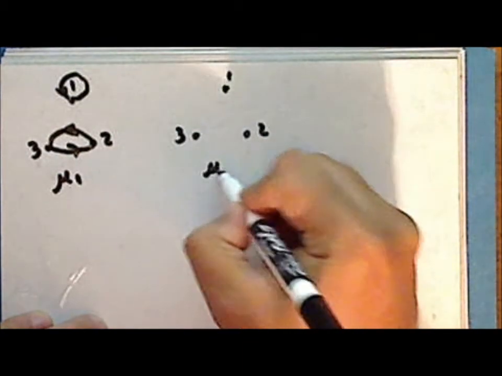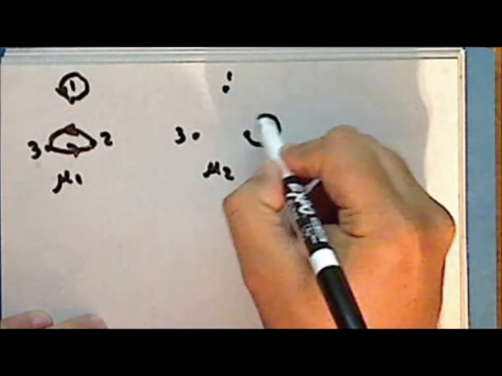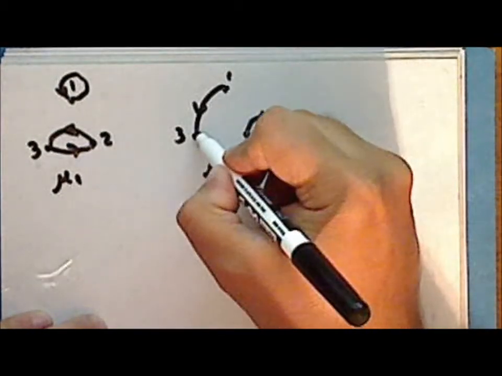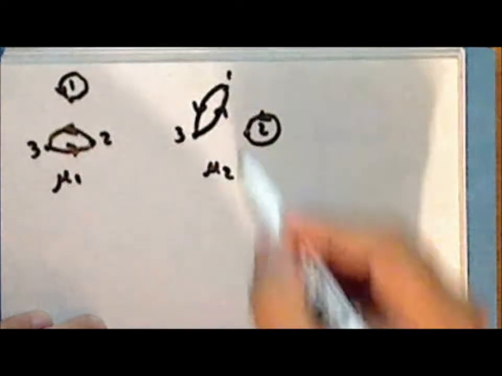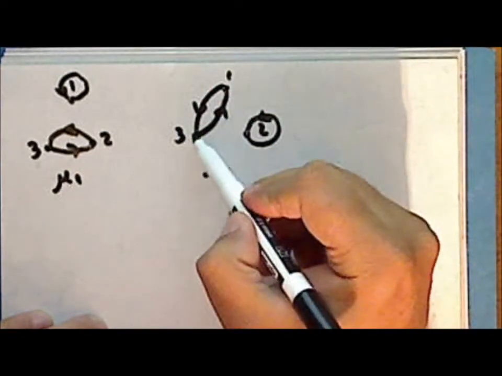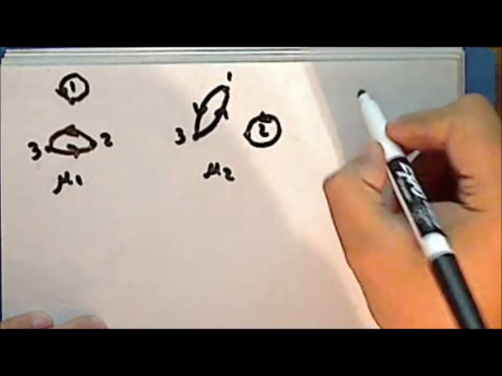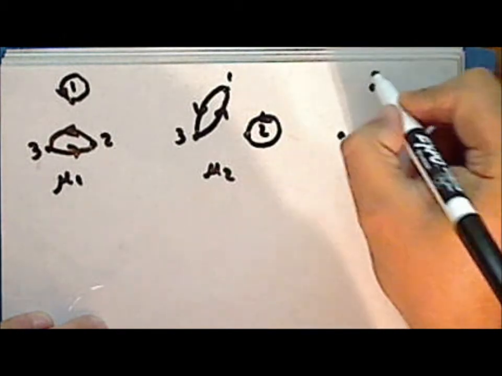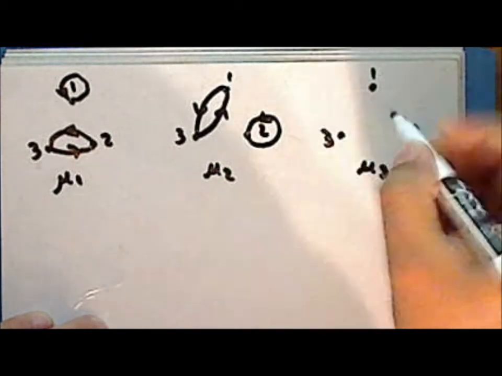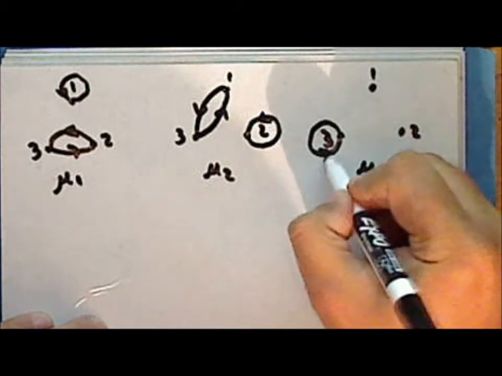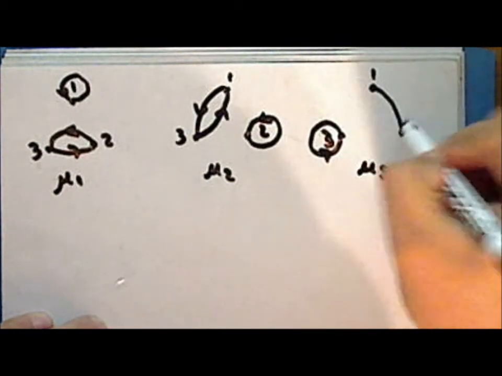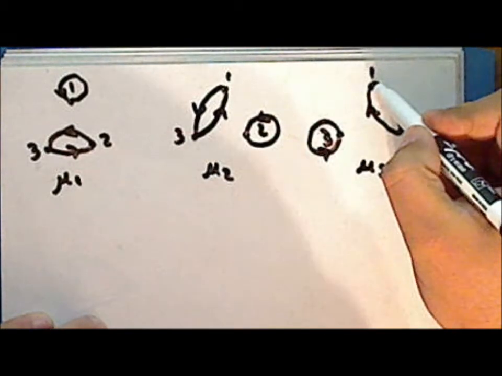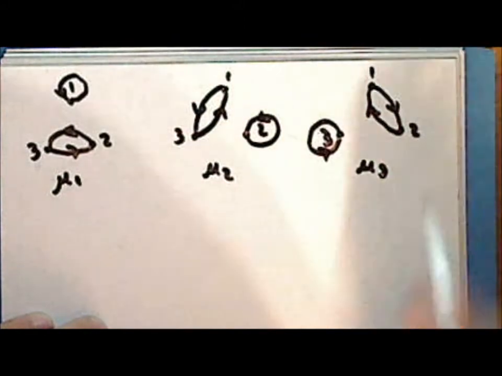Now mu sub 2 is the map that fixes the second vertex and exchanges the other two elements, so that we have a cycle from 1 to 3 and then 3 to 1. And then finally for mu sub 3, this is the map that fixes the third vertex and exchanges the other two, so that we have a cycle from 1 to 2 and then 2 to 1.